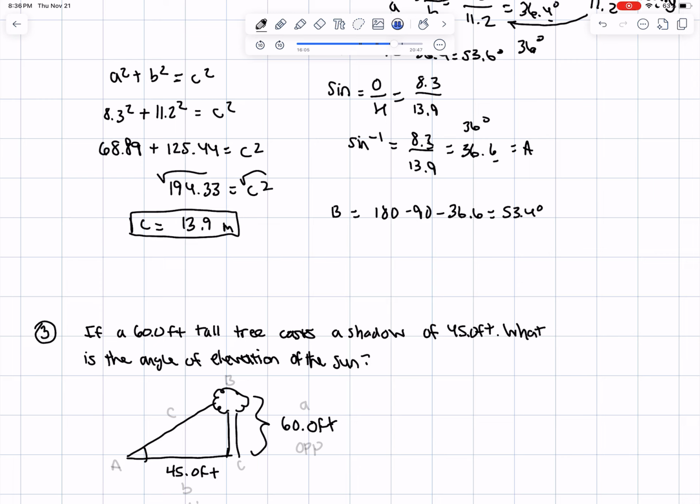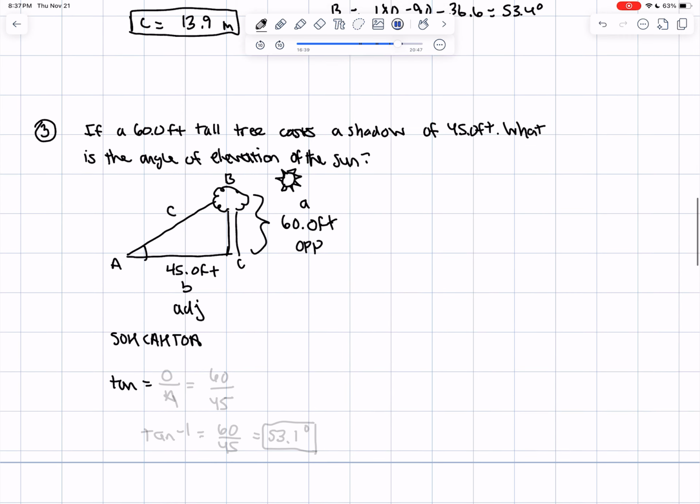And let me label my sides. This is A, this is C, this is B. This is little a, little b, c. So we treat this as the same problem as the last one. So if they're asking us to find angle A or the elevation, what we have to do is use the sides they give us. So they give us the opposite and they give us the adjacent. So if I look at SOHCAHTOA, this would be tangent because opposite over adjacent is what we're looking at.